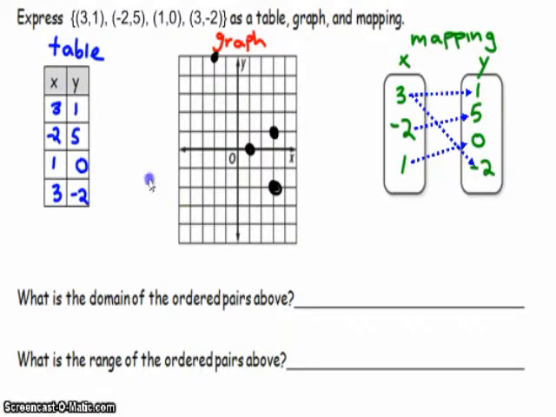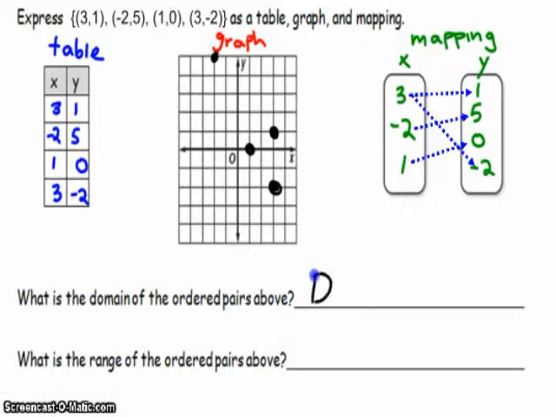The last thing we're going to do is state the domain and the range of the ordered pairs. Another way that this question might be asked is to describe the domain and the range, and that means the same thing. Remember, we use our set symbol to notate that we do in fact have a set here.